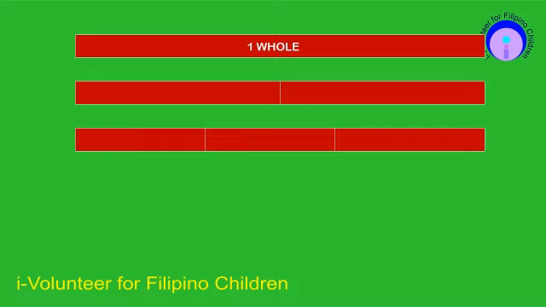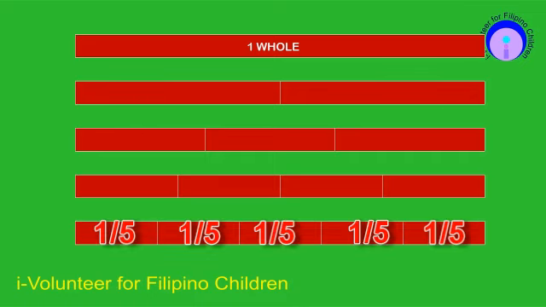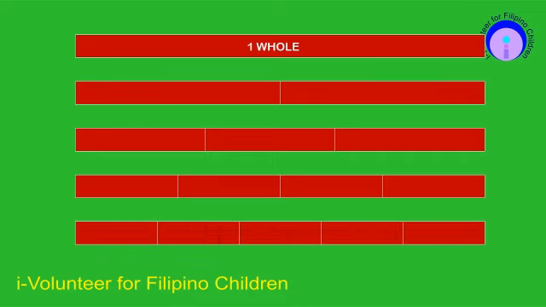What about if we divide 1/2 into 4? We get 4 1/4s. How about if we divide 1/2 into 5? We get 5 1/5s. This is the rule. The more you divide, the smaller you get.